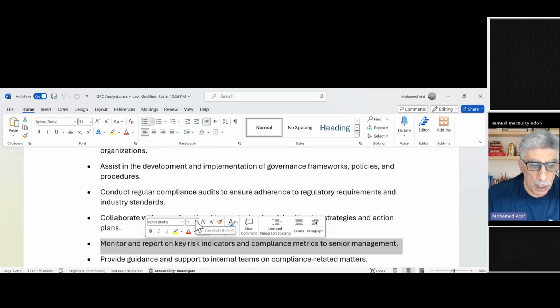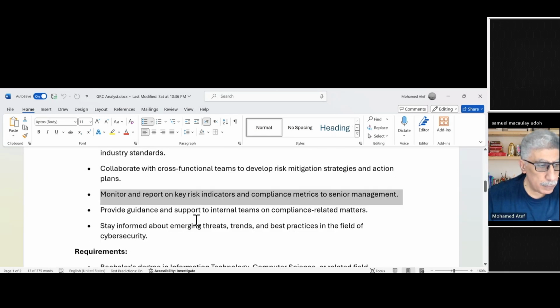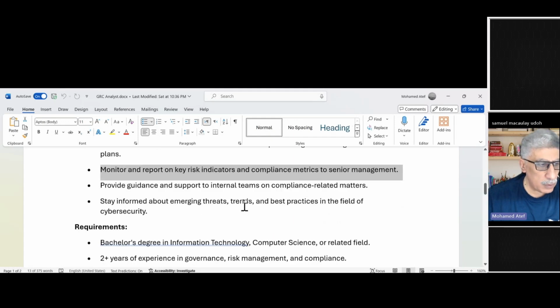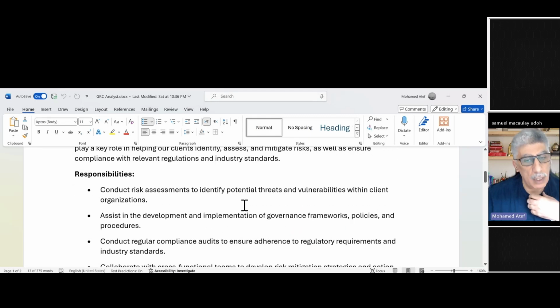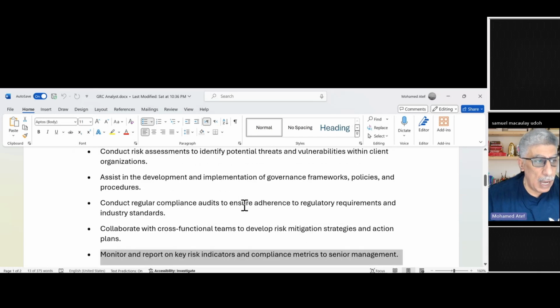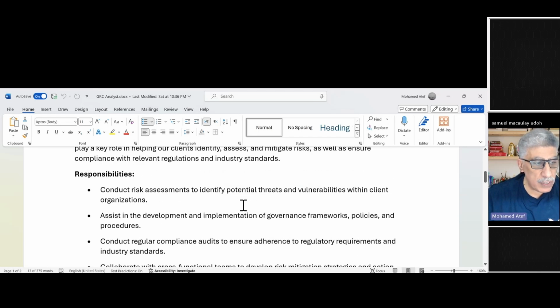Okay. This is all communicating with the department, communicating with the team. You have to be also aware of the latest trends and threat activity. It's quite simple, but as you can see, the job description of this GRC analyst is not that complicated, and it all depends on the first three elements.